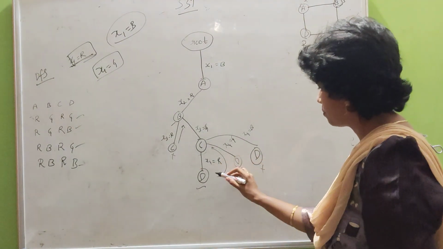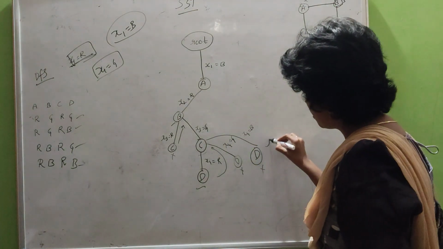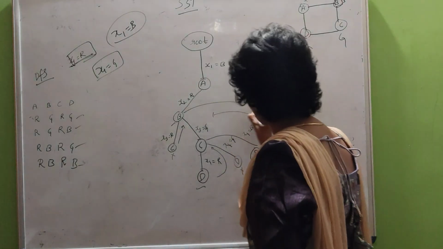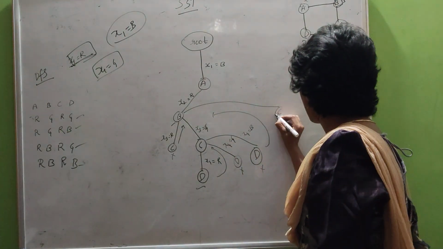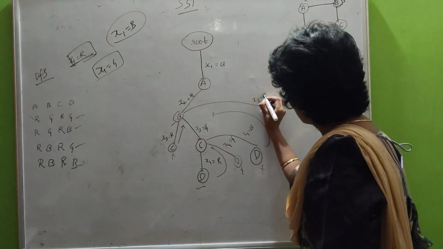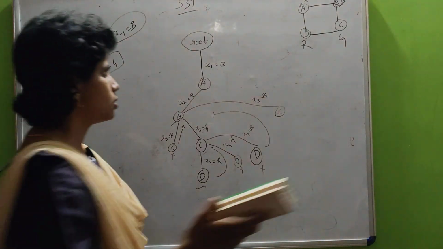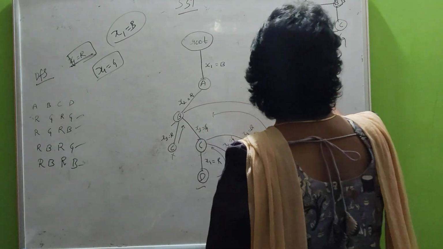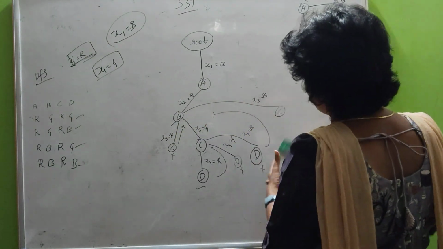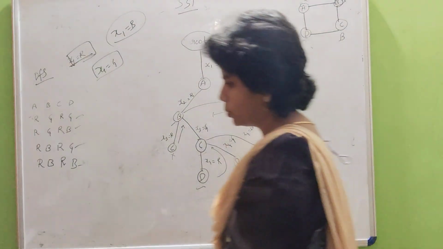C completed, right? C node is completed. C with green is completed. But C with blue we didn't check yet. So C, x3 is equal to blue. You can check now. x3 is equal to blue.